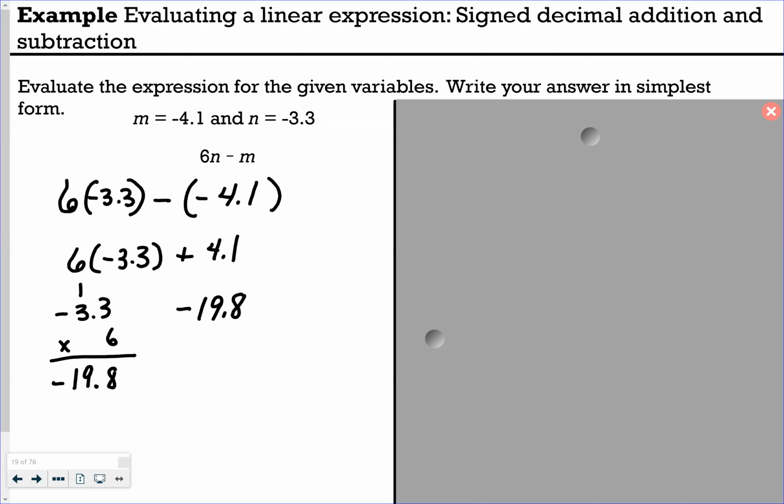plus 4.1. Now at this point, we're adding opposite numbers with opposite signs. So essentially we want to subtract. So again, I'm going to write these numbers vertically.